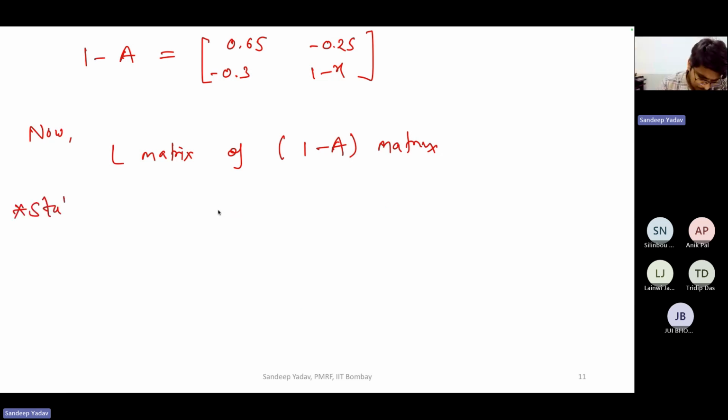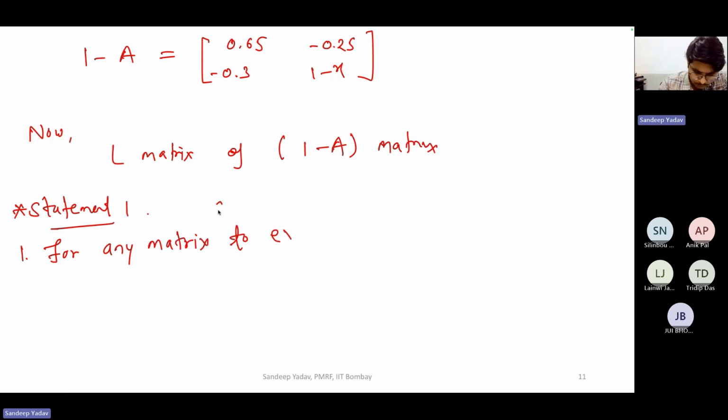Statement one says, for any matrix inverse to exist, the determinant has to be non-zero.